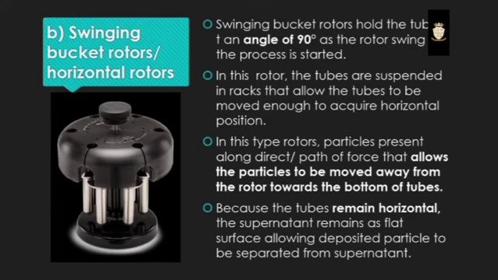Particles present a long direction or path of force that allows the particles to be moved away from the rotor towards the bottom of the tube. Because the tubes remain horizontal, the supernatant remains as a flat surface, allowing deposited particles to be separated from the supernatant.